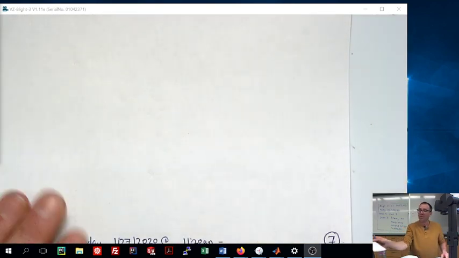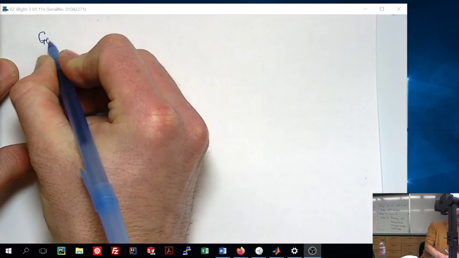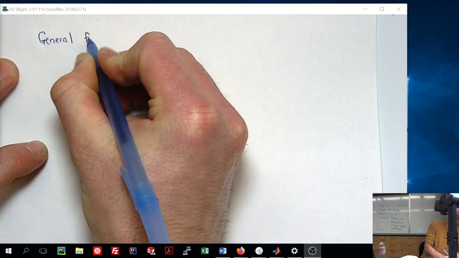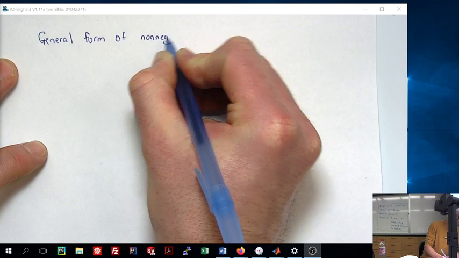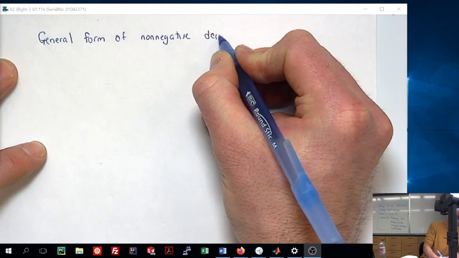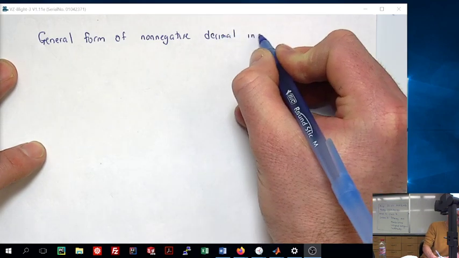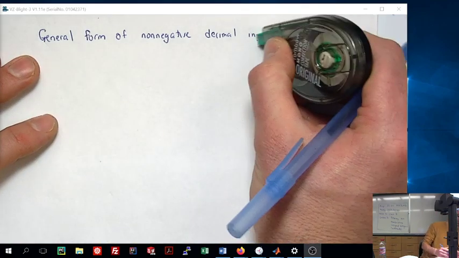So let's go ahead and talk about what we call the general form of a non-negative decimal integer. What's another way to say non-negative decimal integer?